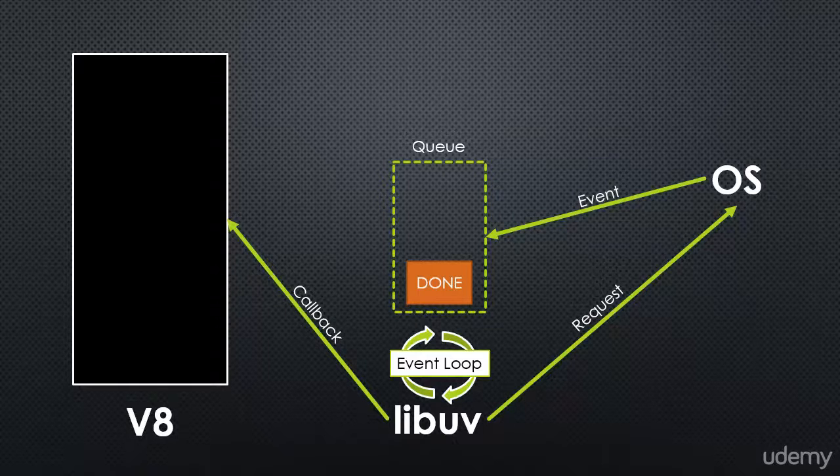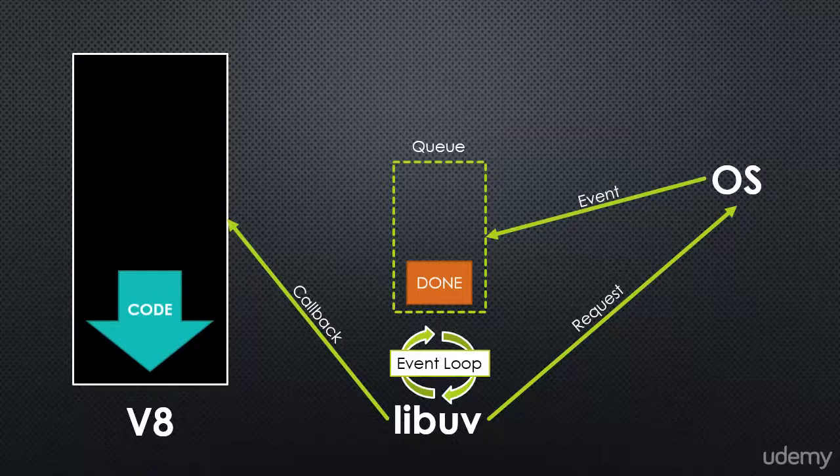It's some code that we've said, hey libuv, this is code that should run when this other code is finished running. And so we call it a callback. And it's very similar to the idea of an event listener.